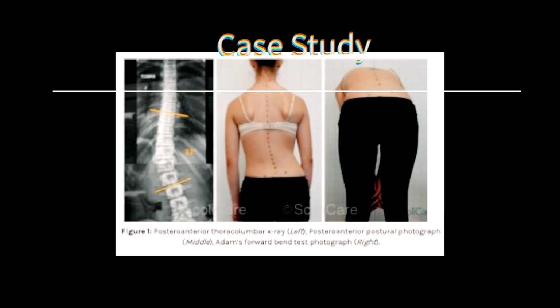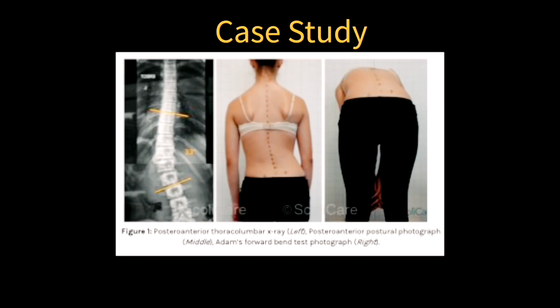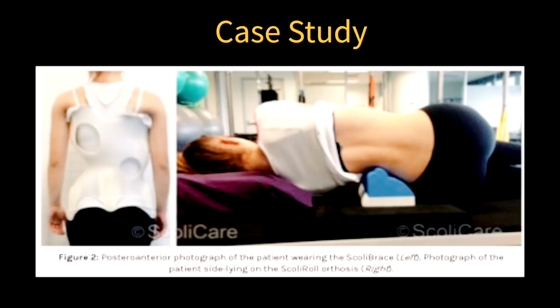So let me show you a case study of a 13-year-old female patient that presented to a Scoli care clinic. This patient had a 33-degree thoracolumbar scoliosis, and she was prescribed a custom scoliosis brace and scoliosis-specific exercises. She wore her brace full-time for the first 17 months.